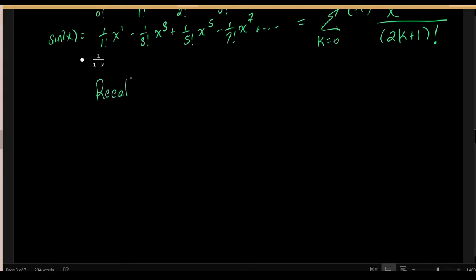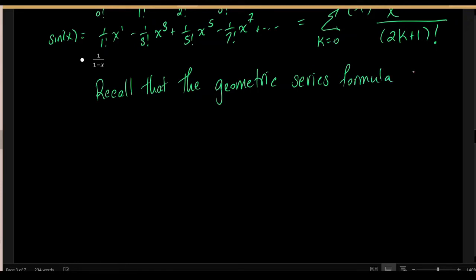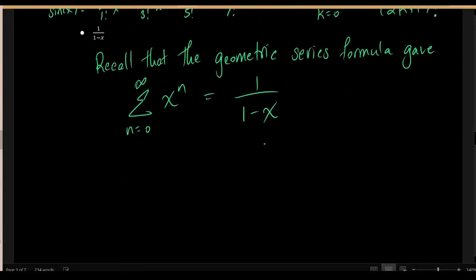Let's recall that the geometric series formula gave that the sum from n equals 0 to infinity of x to the n was equal to 1 over 1 minus x. In any case where the series on the left actually converged, the value of that series was equal to this quantity on the right.